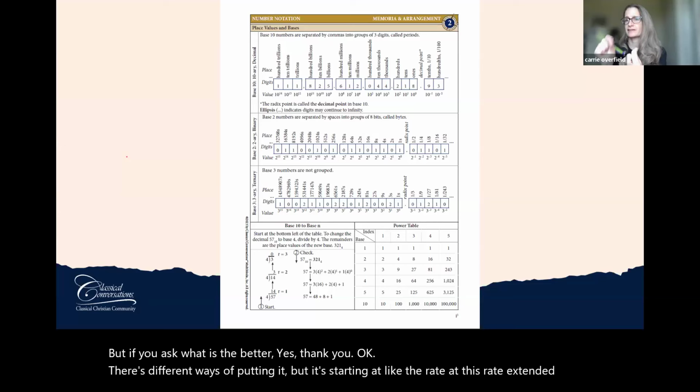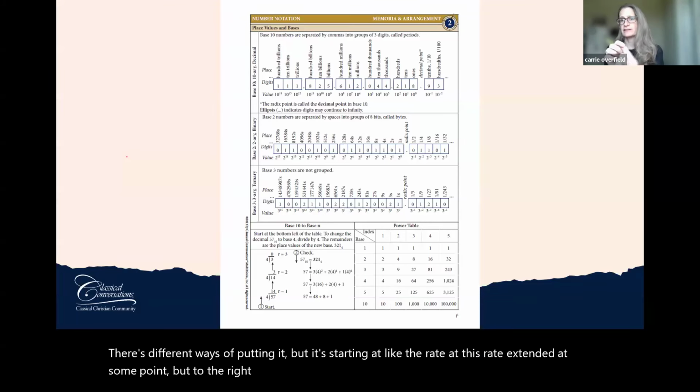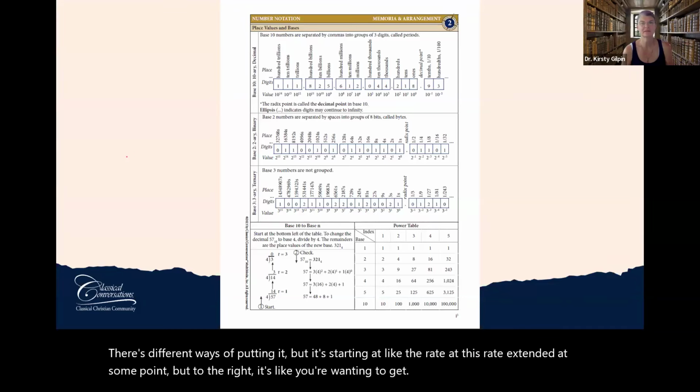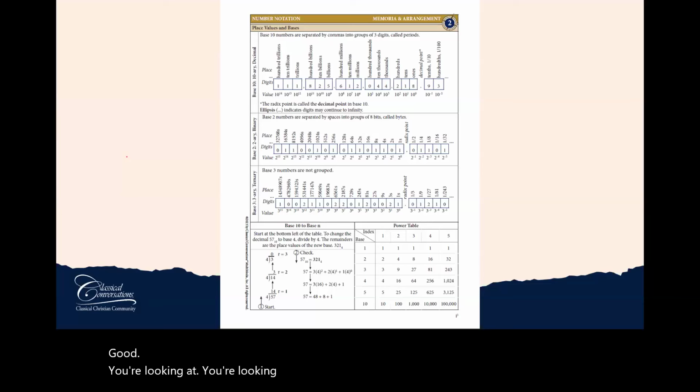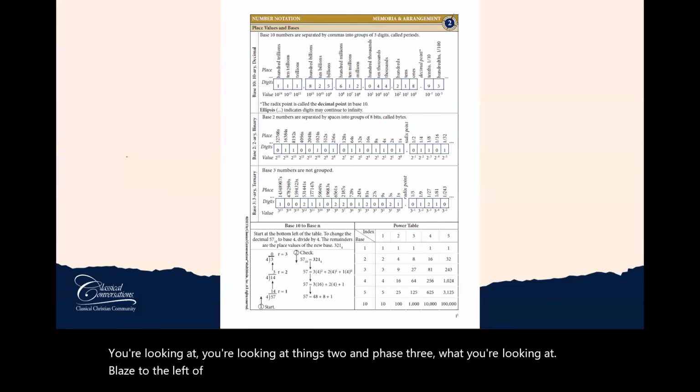To the right, it's -1, -2, -3, -4, and to the left, it's 0, 1, 2, 3, 4, increasing. Looking at base 2 and base 3, when you're looking at the places to the left of the radix point, it goes up by multiples of that base. Good.